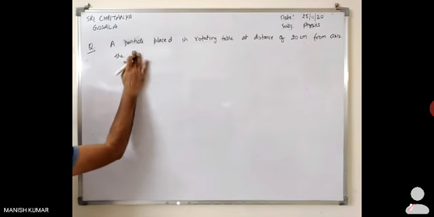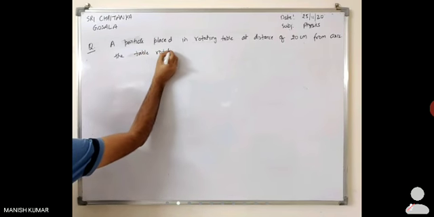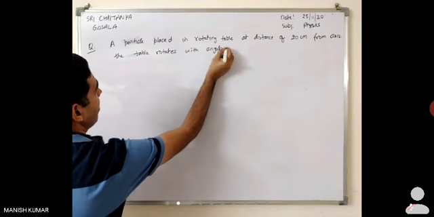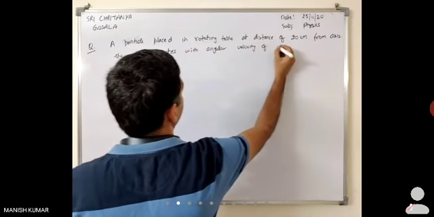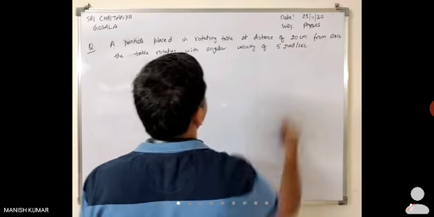The table rotates with angular velocity of 5 radians per second.